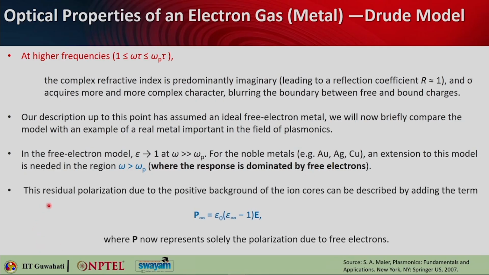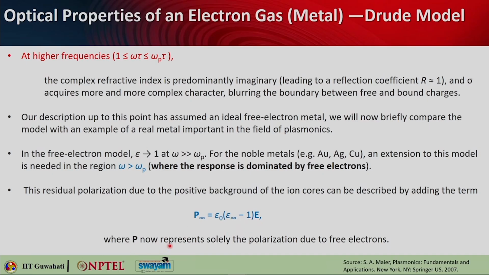This residual polarization due to the positive background of the ion cores can be described by adding the term P infinity, which can be written as epsilon naught times epsilon infinity minus 1 times E. So what is P here?